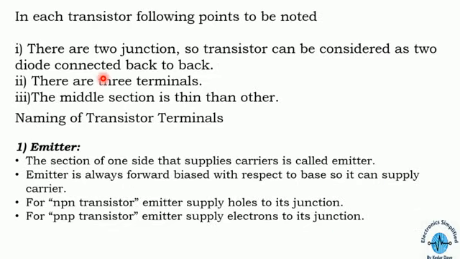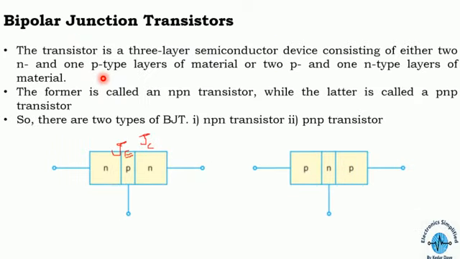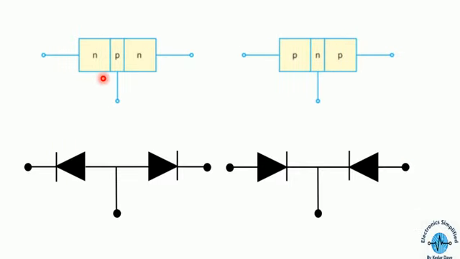Right now, if we discuss this, there will be some forward bias voltage over here, and there will be some reverse bias voltage at the output side. Then whenever we apply some voltages over here, the majority carriers, which are electrons for the emitter region, will start traveling towards the P region.